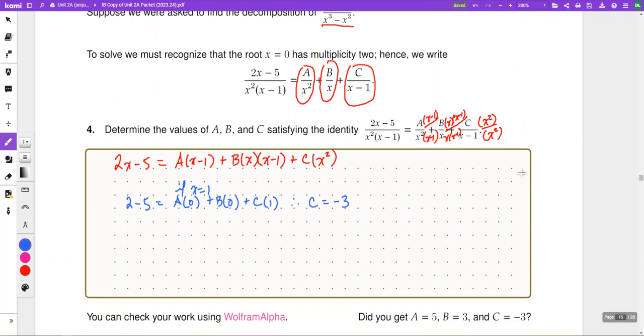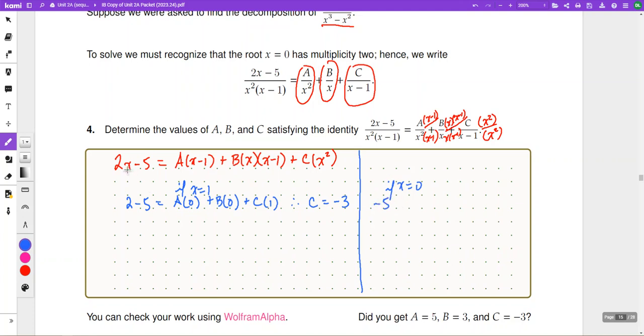Okay. Similarly, now I kind of gave away what the values are going to be, and you can check with Wolfram Alpha. But similarly, we can come over here and say, okay, well, what if x is equal to 0? Well, if x is equal to 0, we're going to have negative 5, right?